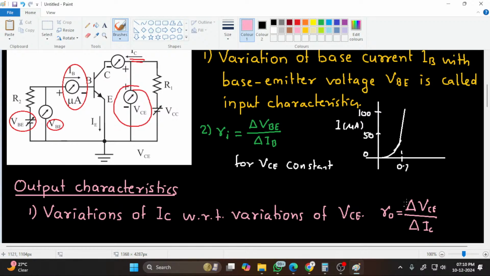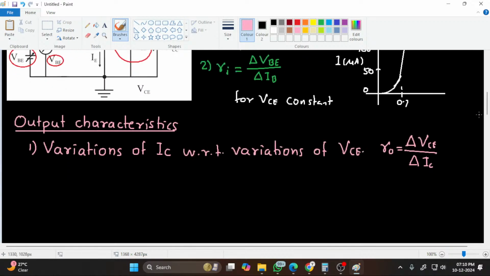The output characteristics are such that the collector current doesn't depend on the collector emitter voltage.